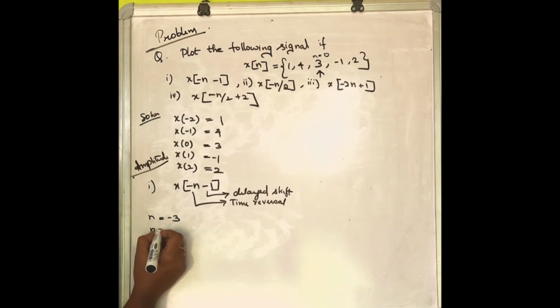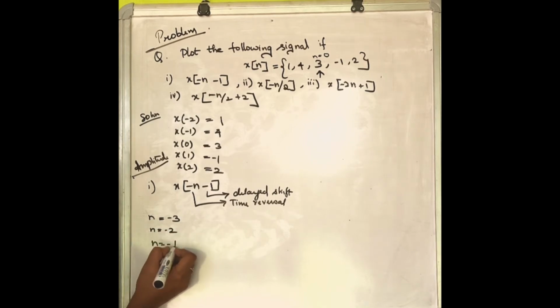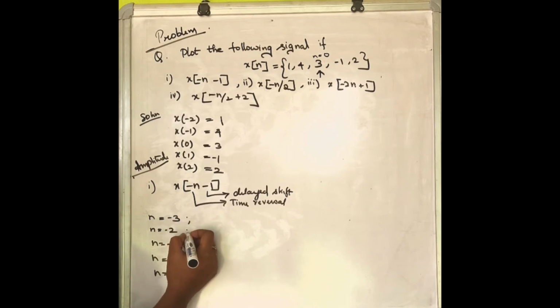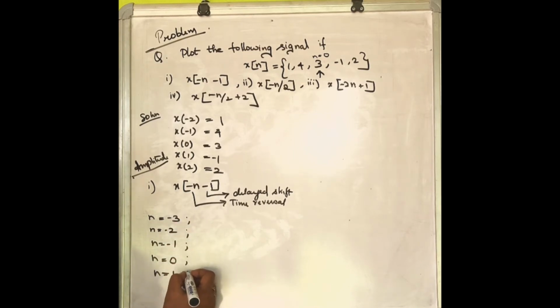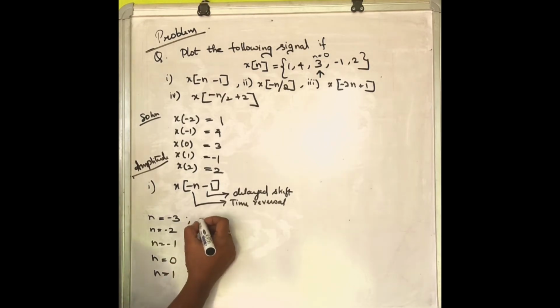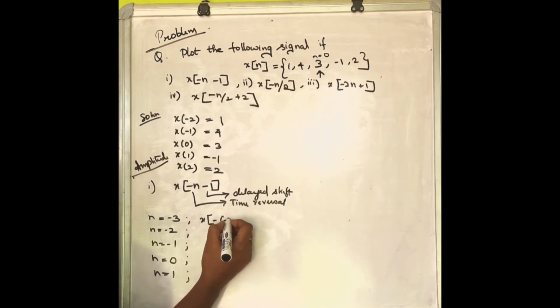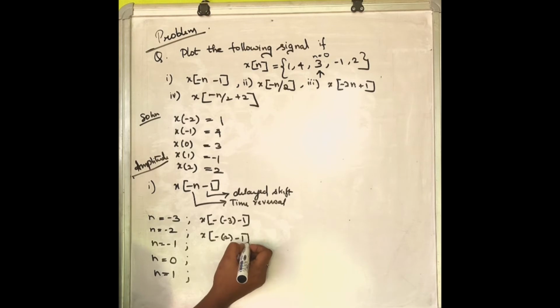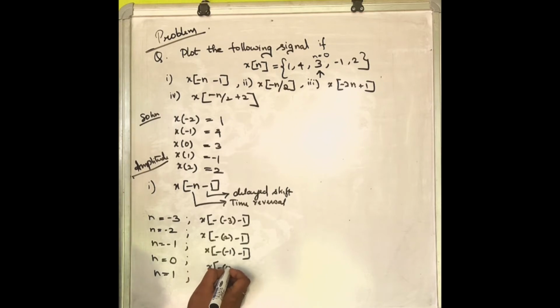N is equal to -2, n is equal to -1, n is equal to 0, n is equal to 1. So the values will be -3 minus 1, here it will be -2 minus 1, and then -1 minus 1, and then 0 minus 1, and finally 1 minus 1.